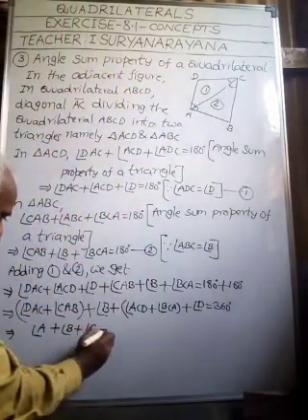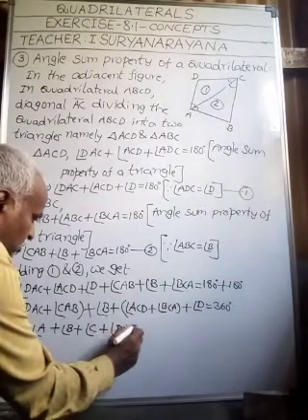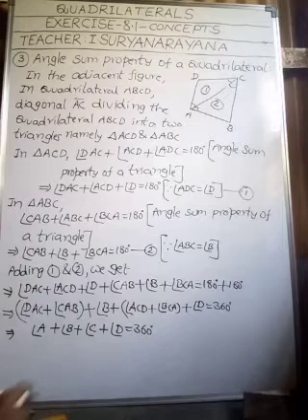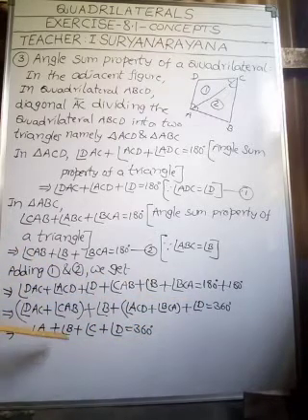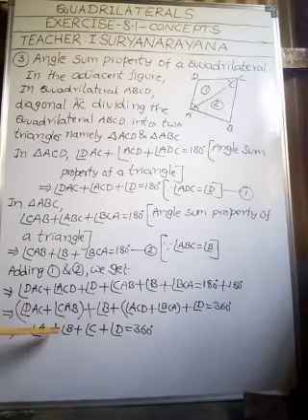Angle C plus angle D as it is, equal to 180 degrees plus 180 degrees. We got 360 degrees. So angle A plus angle B plus angle C plus angle D is equal to 360 degrees. These are nothing but the angles of quadrilateral ABCD.